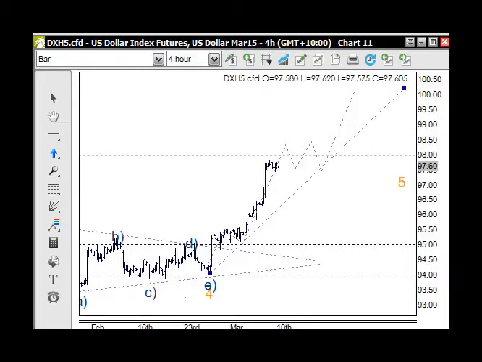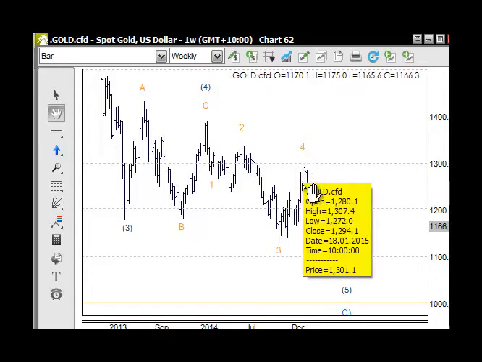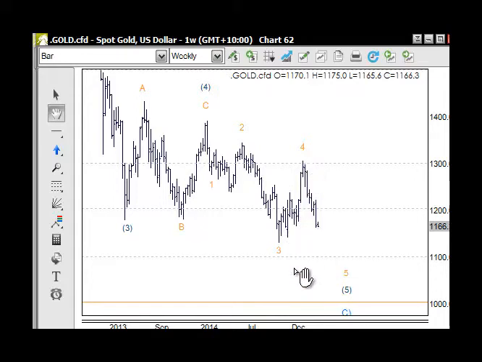The gold market is basically responding to that healthier US economy, and we're seeing this push down. On the weekly chart, this particular pattern is corrective, and it is a bit high for a wave 4. Yes, I understand that, but that is quite common as well, and we're looking at this market to work lower.